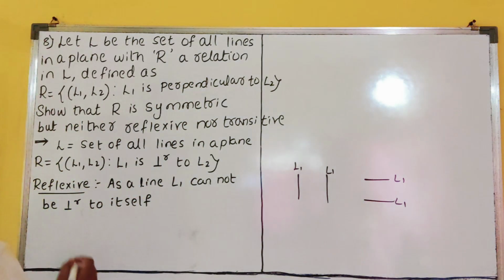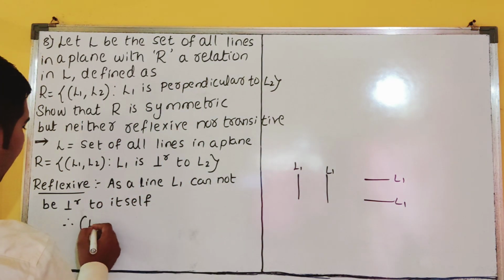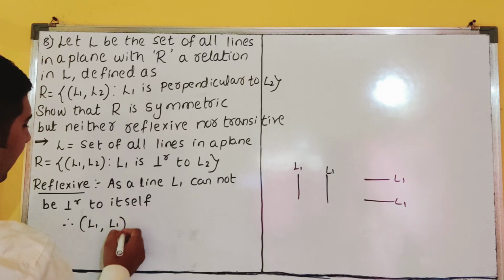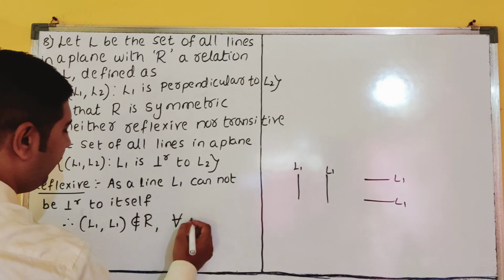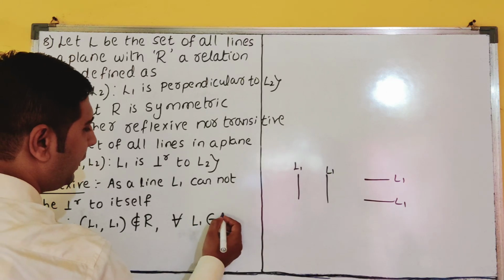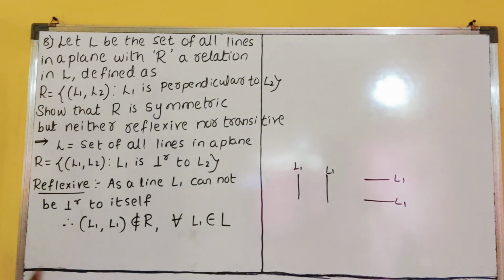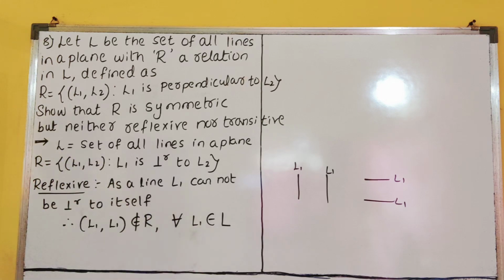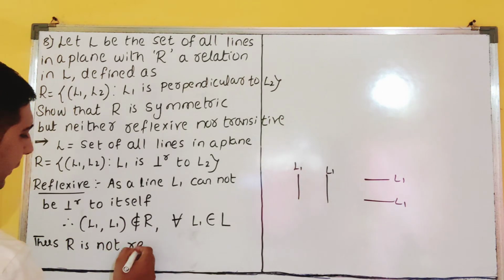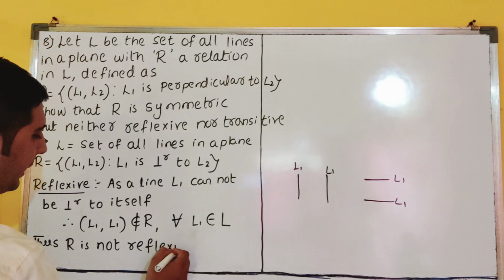Therefore you can say that (L1, L1) does not belong to R for all L1 belonging to capital L. The set is L, dear students. Got it? Thus R is not reflexive. I hope everyone it is clear.